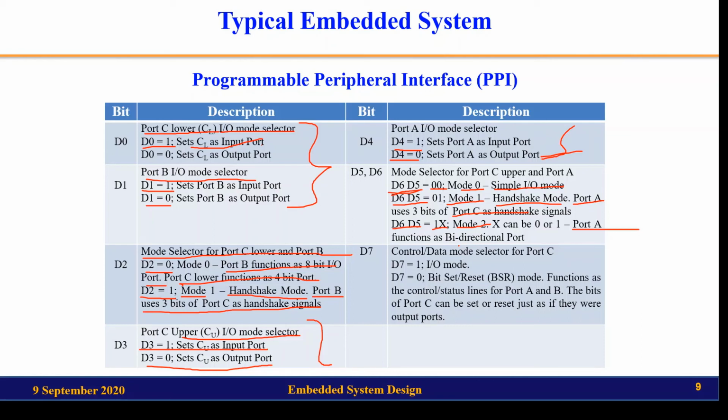And next we have the last one, that is D7. D7 is nothing but the controller data mode selector for the port C. As I told earlier, we have two configurations associated with this port C. In the first configuration, A, B, C can be taken as 8-bit IO ports themselves. And in the second configuration, port A and port B are considered as 8-bit ports.